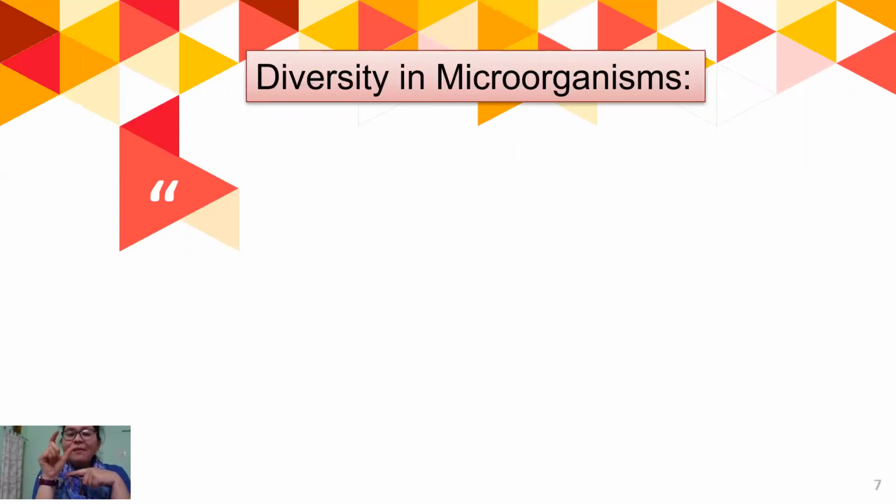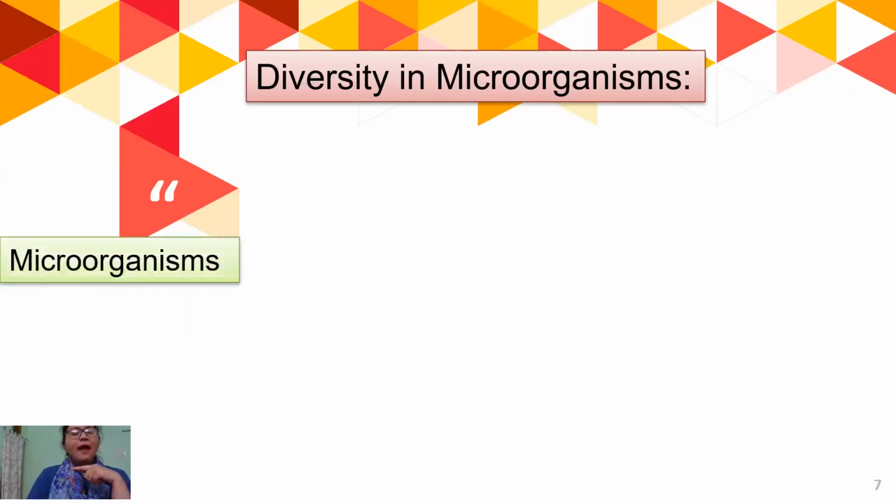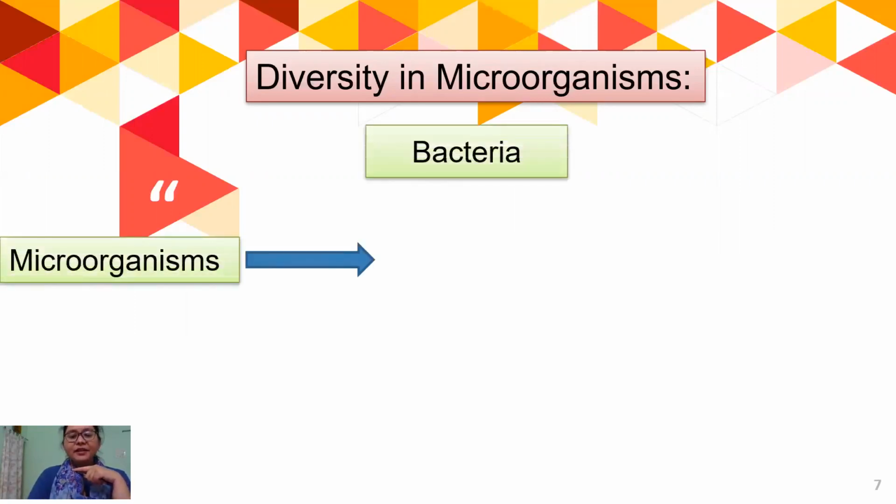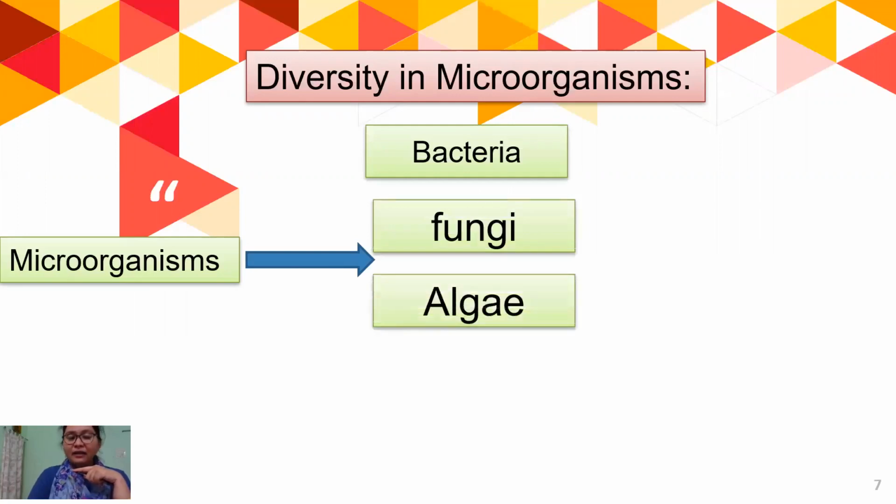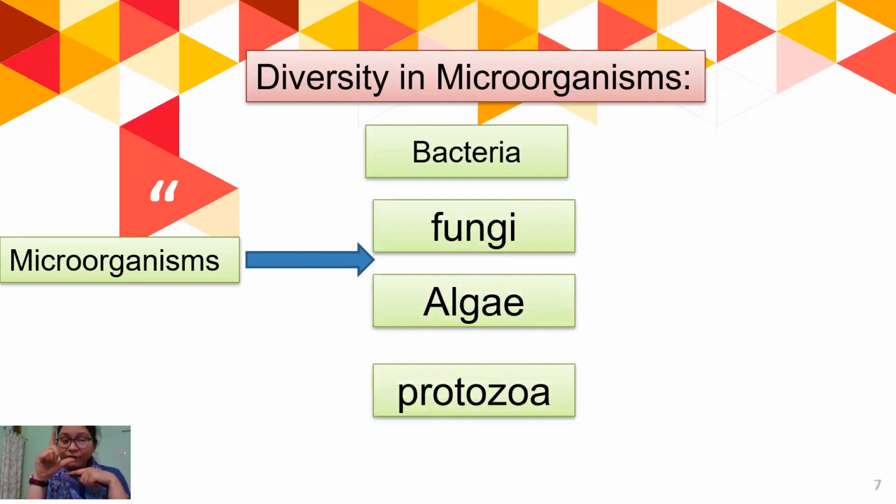Remember, microorganisms are broadly classified into 5 basic categories. Number 1, bacteria. Second one, fungi. Third, algae. Fourth one, protozoa. Any guess for the fifth one? Yes, it is the virus.